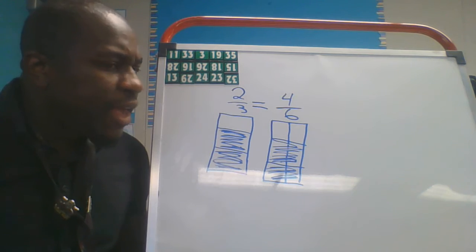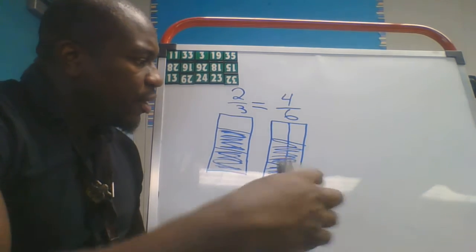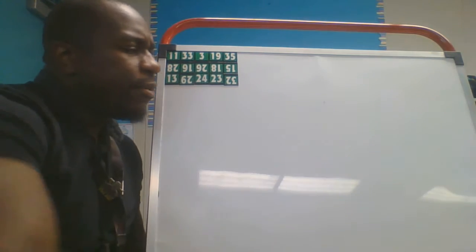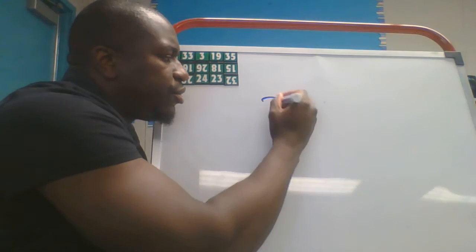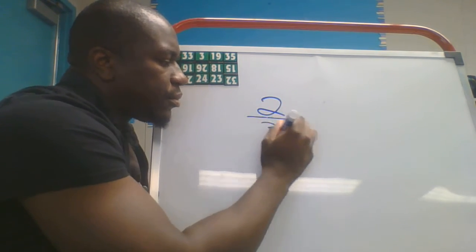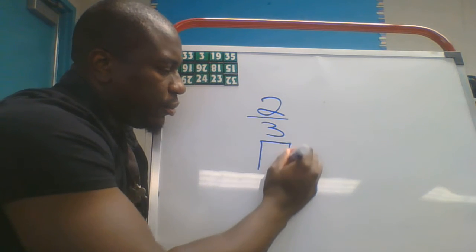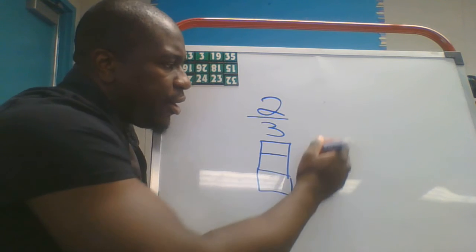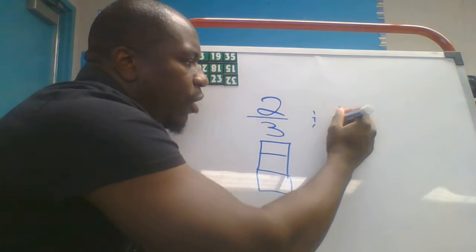So if we have two different fractions, let's say we have 2/3 and 1/4.